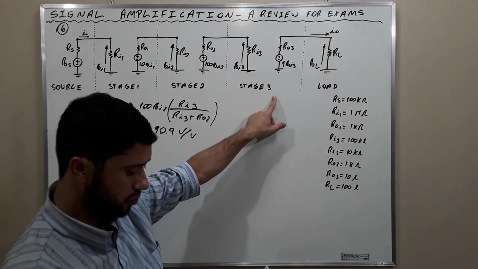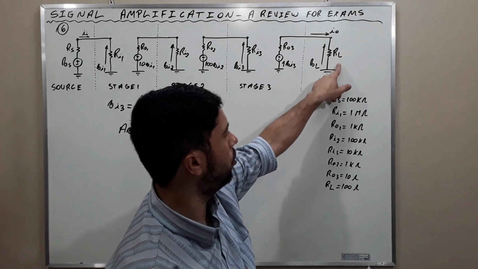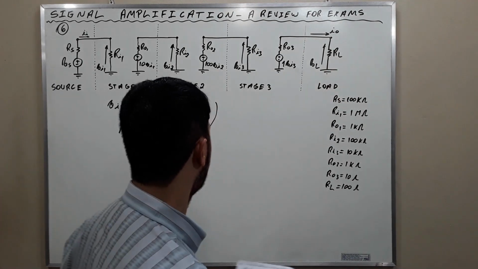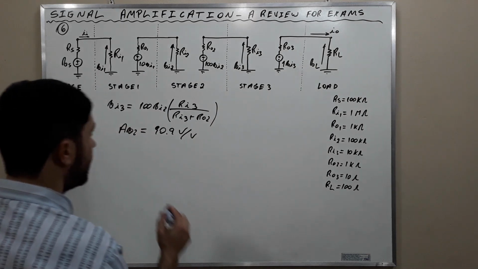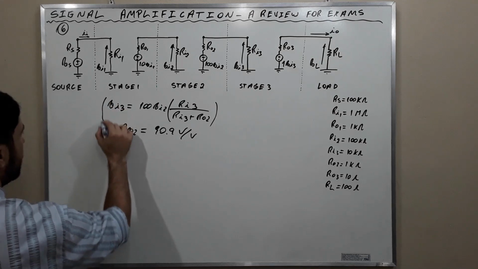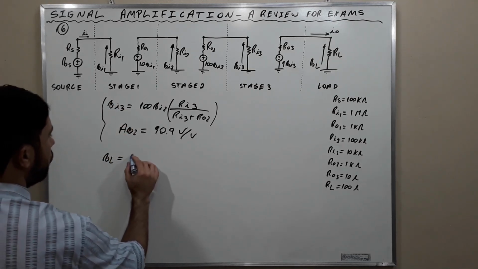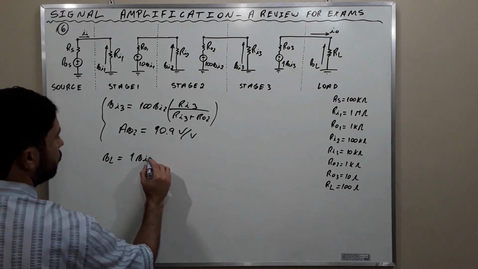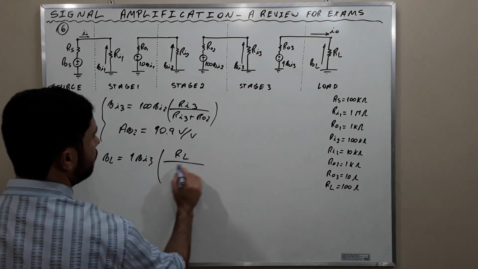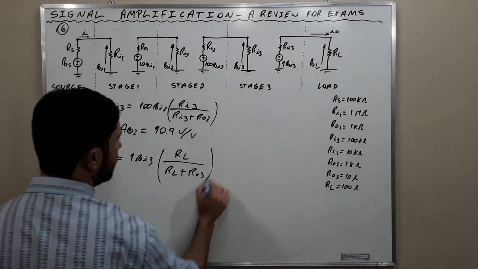Finally, the voltage gain of the output stage, the voltage gain of the third stage, is going to be obtained considering the load as the output of this stage here. Okay, the output stage. And we are going to calculate VL now. Okay, this VL is equal to 1 times VI3 times RL over RL plus RO3.